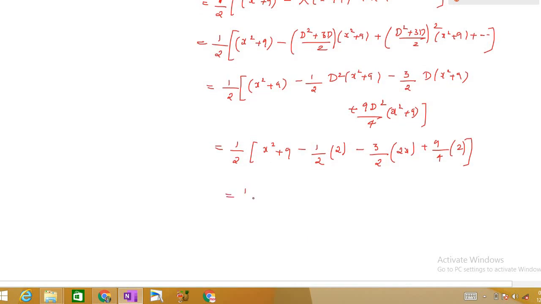Now I need to simplify this. So we will have 1 by 2, this 2 will get cancelled, so we will have x square minus 3x, and this 2 will get cancelled too. So we will have 9 plus 9 minus 1 plus 1 by 2, so 8 plus 1 by 2.